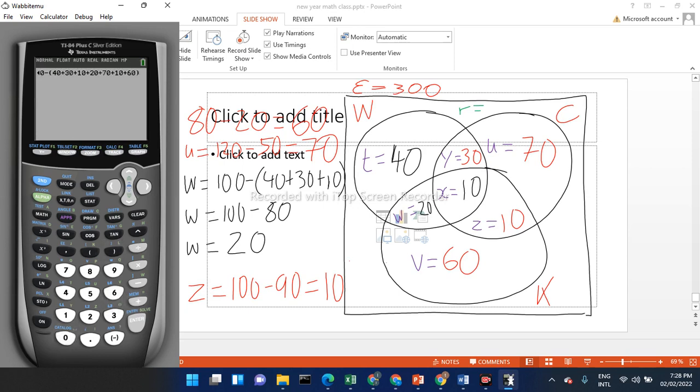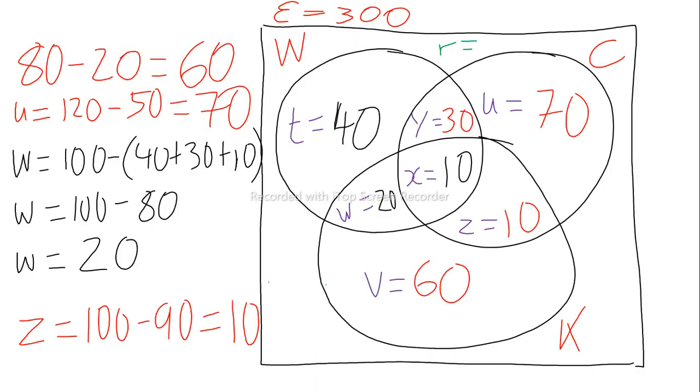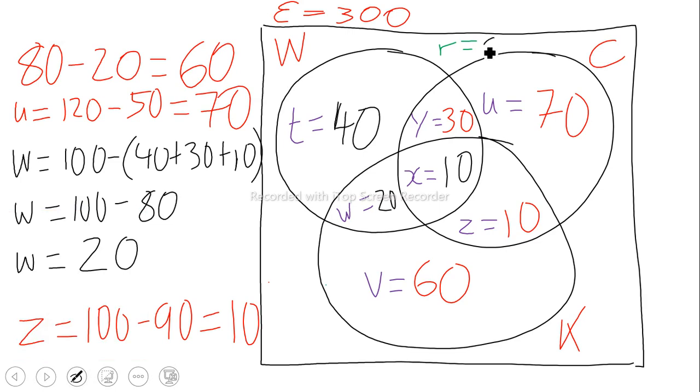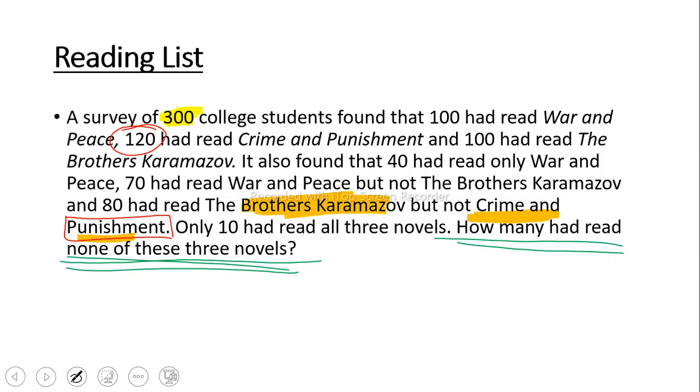All right, and that's going to be equal to 60. So the correct answer is 60. So R is 60. All right, and that's how we do it. That's the end of the question. So the number of students who read none of these novels is 60 students.